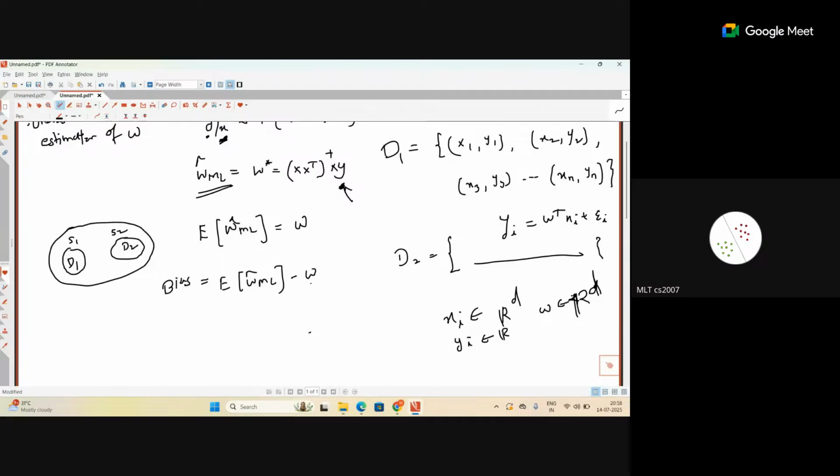But do I have an idea about this actual w? No, sir. That's why we don't have the actual understanding of this w, and we are finding different methods to estimate that parameter. So if I treat w hat ML as a random variable, does it have some distribution?